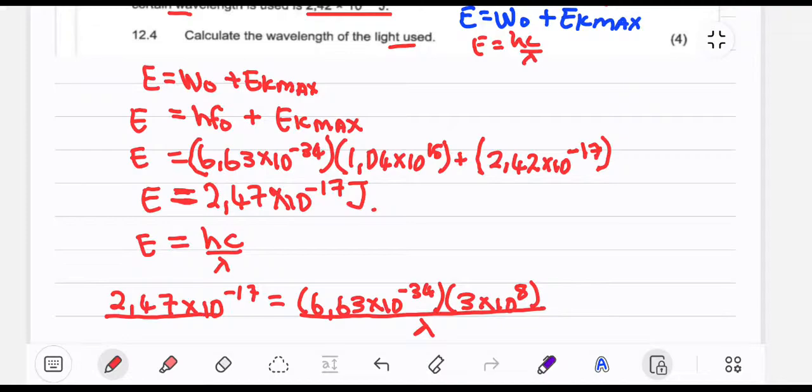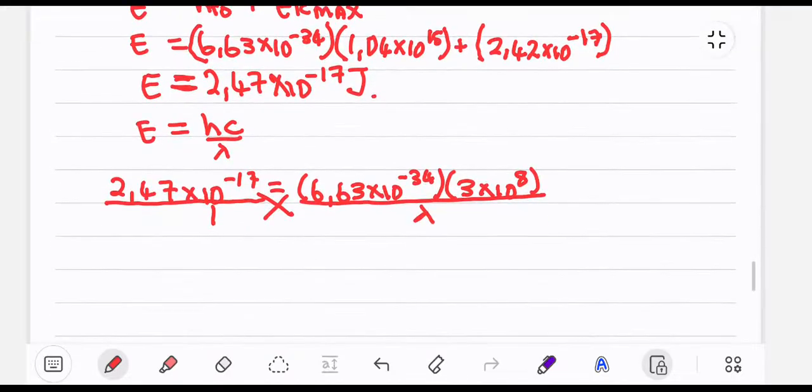And then you would cross multiply. Let's do it step by step. 2.47 times 10 to the negative 17 lambda is equal to this part. I'll just copy this.